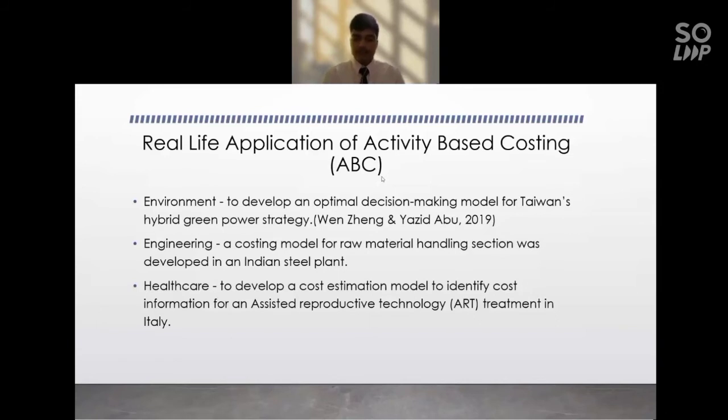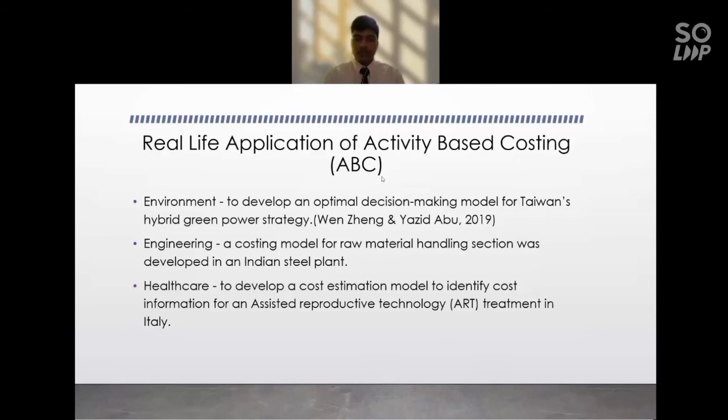For healthcare, an ABC approach was used to develop a cost estimation model to identify cost information for an assisted reproductive technology (ART) treatment in Italy. The most critical issue in this research was the lack of a proper costing tool to estimate the cost required of an ART treatment in Italy.